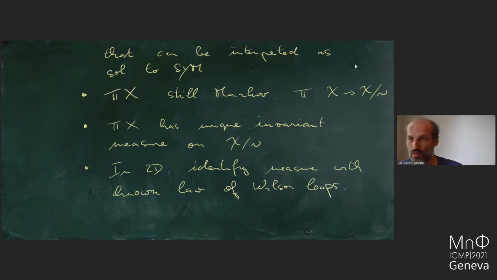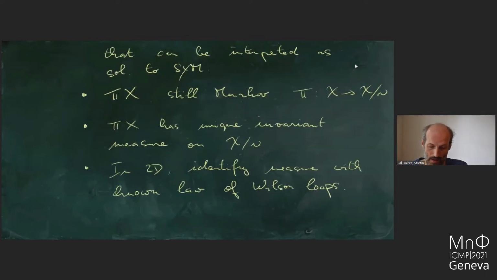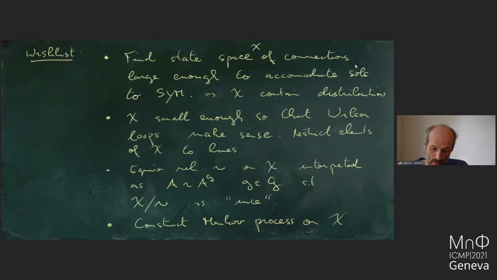So in 2D, we know the joint law of the Wilson loop observables, and so if you have a measure on that space, and that space is nice enough so that Wilson loop observables make sense, then that gives you a joint law as well, and you would want these to be the same. Okay, so that would be sort of the full wish list of the things that you want.